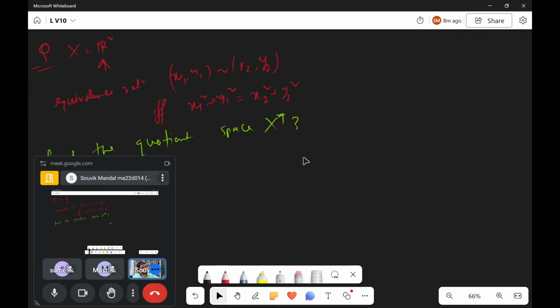That is, you need to show that X star is similar to some familiar space, and you need to find what that is. It is exactly the same as the previous one. Please think about it. At first, try to guess what X star will possibly be.